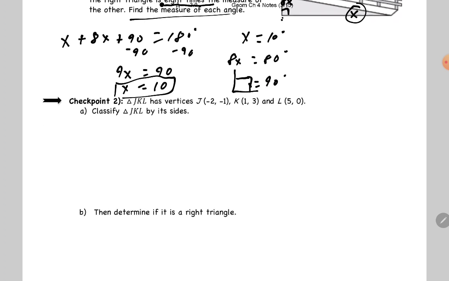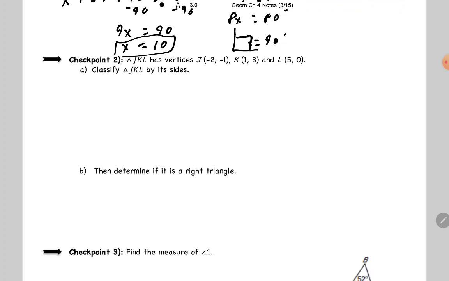Triangle JKL has vertices given. Classify triangle JKL by its sides. Distance formula again. Let's do JK, square root of, I'm just going to be lazy and do left minus right.